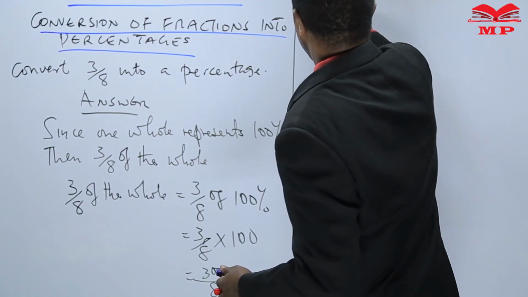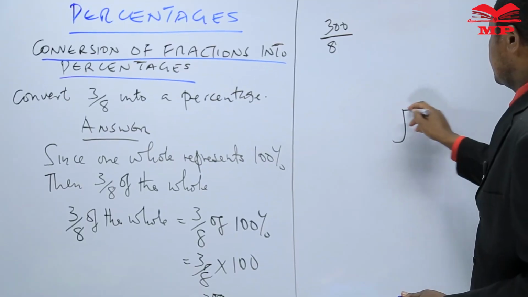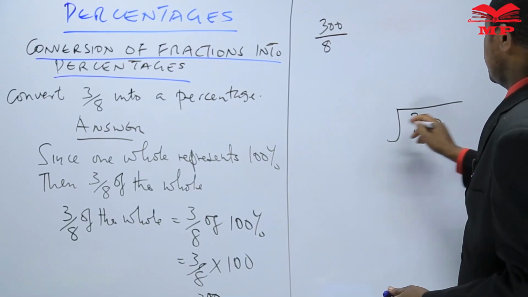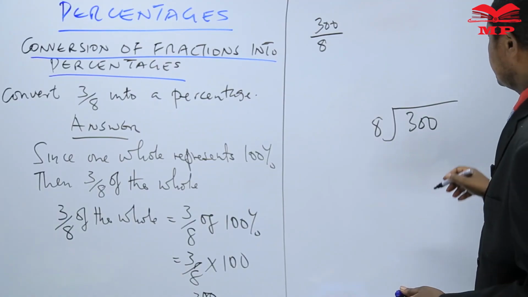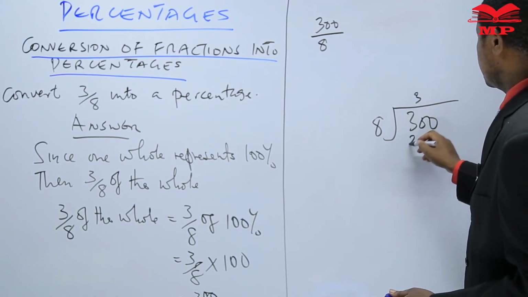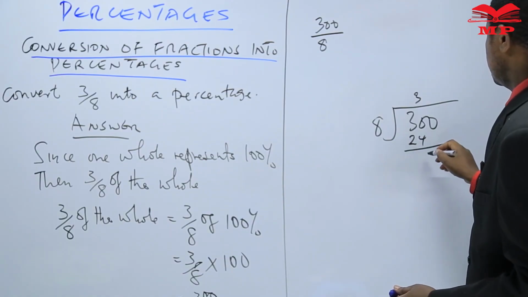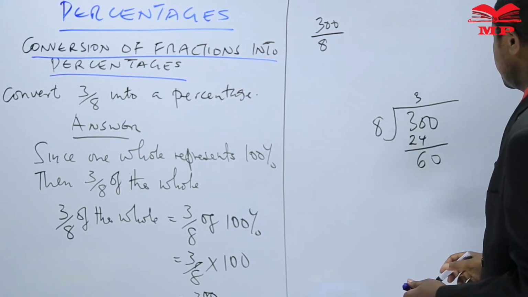300 over 8. If you are to divide 300 by 8, 8 goes into 300 how many times? 3 times, giving us here 24. Then this is 60. 8 goes into 60 how many times?